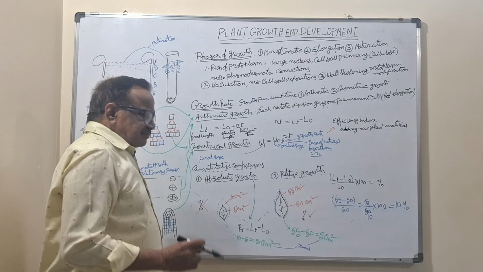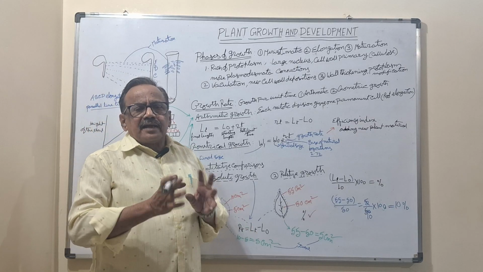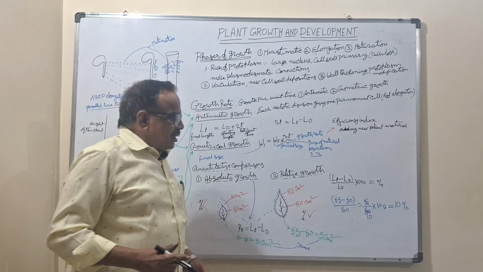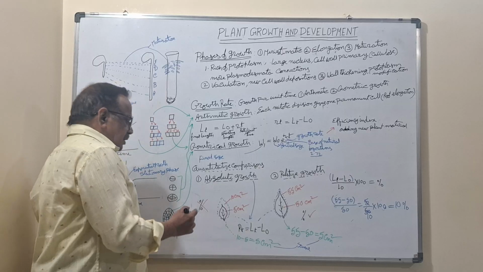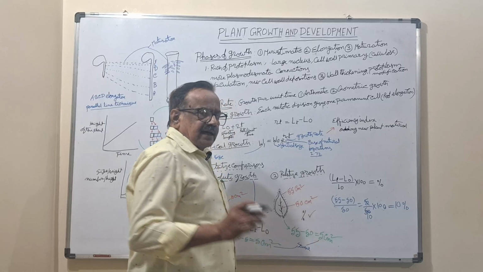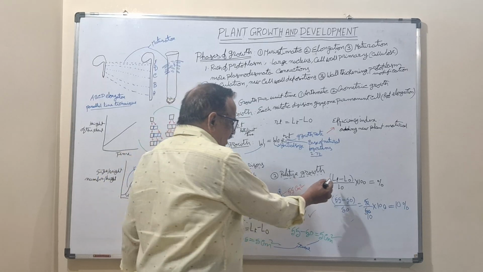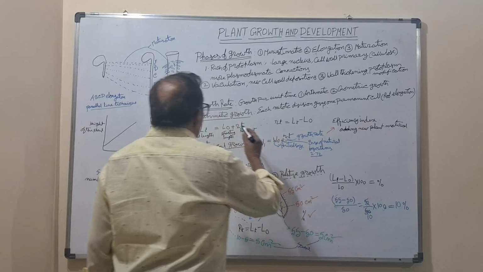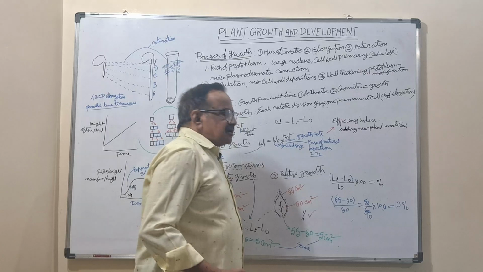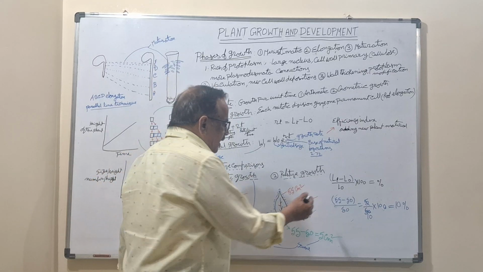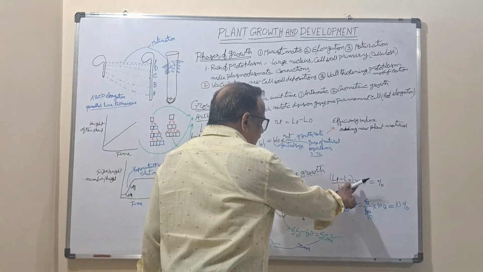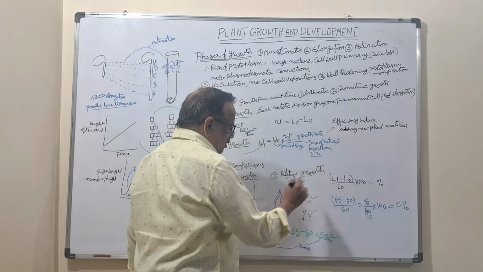Relative growth means it is compared with something. What is that? Initial size. This formula will be applied. It is not given, but please note it. It is (LT minus L0) by L0, the initial size, into 100, which is the relative percentage, how much it has grown.